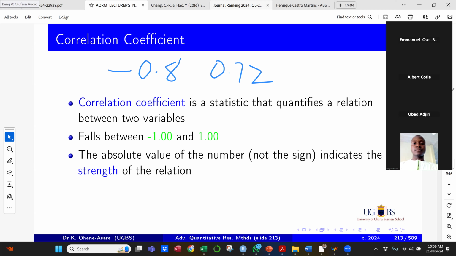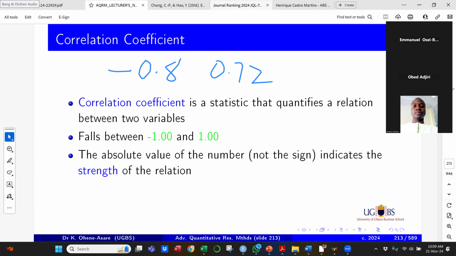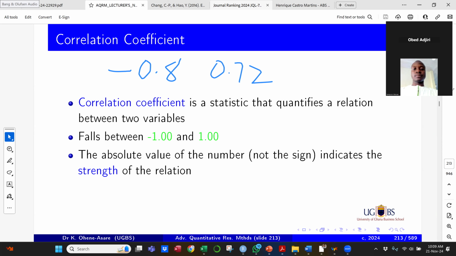Samson. It's stronger. Okay. Hello. So I think the strength of correlation is not determined by the direction, but rather by the magnitude. In this case, we use the absolute figure and not with the negative or positive.